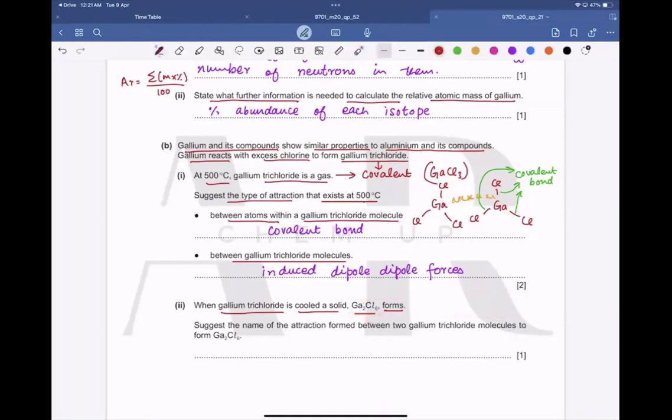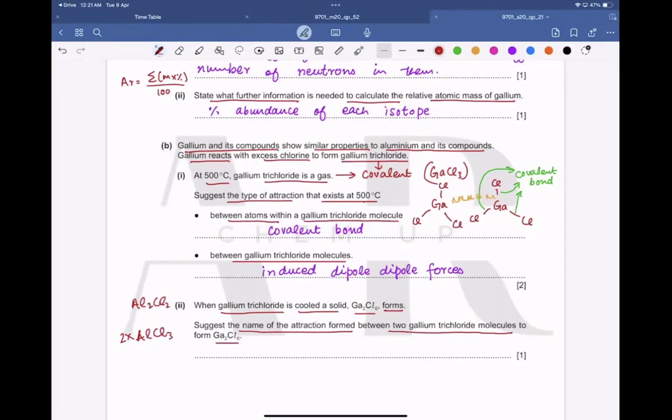Now, suggest the name of the attraction formed when two gallium trichloride molecules form Ga2Cl6. Can anyone recall, when Al2Cl6 is formed from two AlCl3 molecules, which bond is formed? Very good, Ishal. Coordinate bonding. Very good, Shrey. Coordinate bonding.